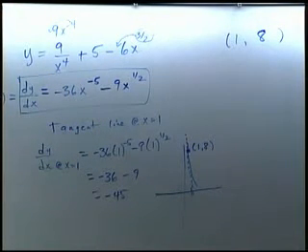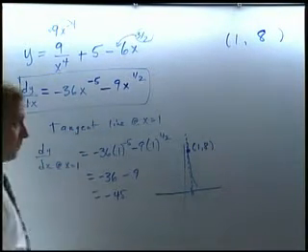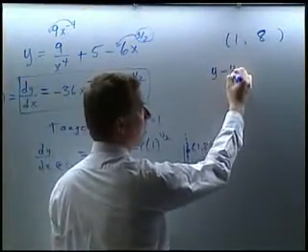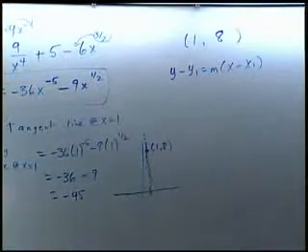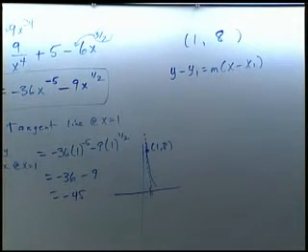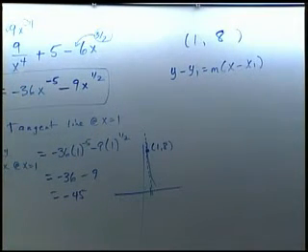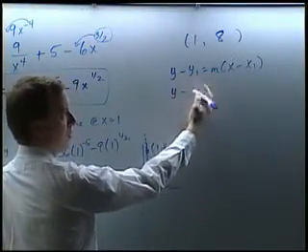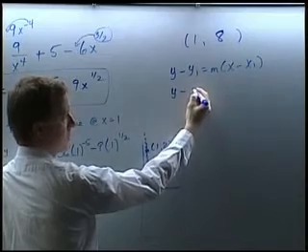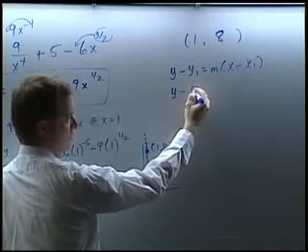And now I need to write the equation of this line. And the form that I recommended toward the beginning of class was this one right here. y minus y1 equals m times the quantity x minus x1. What value goes in for y sub 1? What's the y-coordinate? Yeah, 8.